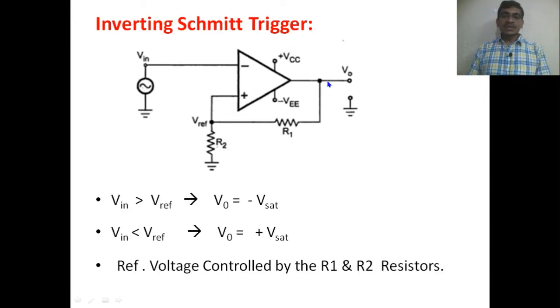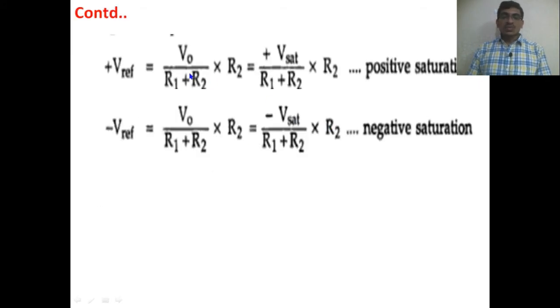How does it come? The reference voltage is the voltage across the resistance R2, which is the applied voltage V0 times R2 divided by the total resistance, V0 into R2 by R1 plus R2. So the plus V reference is equal to V0 into R2 by R1 plus R2.